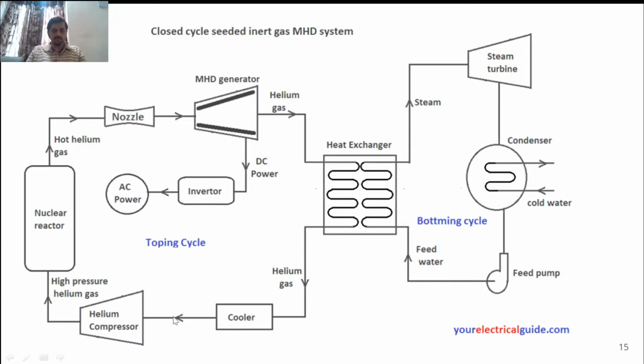Temperature is reduced, it is compressed, then again it is given to the thermal generation system where hot air is produced. In this typical diagram I have shown a nuclear reactor as the energy source. So there is a closed loop here, you can see. Instead of an open loop, we have seen a closed loop.